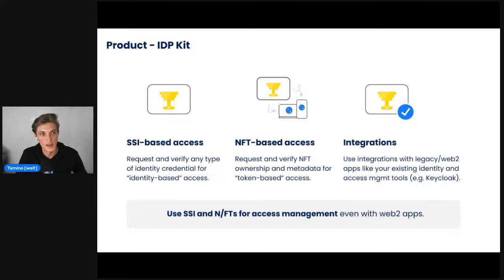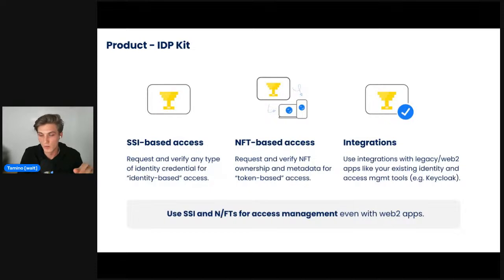Okay, and then as a last step, because we don't want to forget about all the great applications which are already out there in the ecosystem, that's why we have a backwards compatible product, which is the IDP kit. Basically, it is an OIDC compliant identity provider that you can connect to any IAM tool out there.